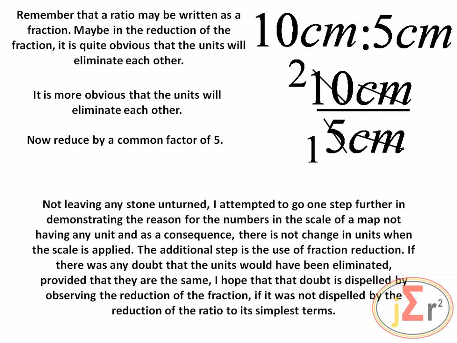So we have gone one step further to show that the numbers having the same units will cause the units in the ratio to be eliminated. And if it is not so plain using the ratios alone, then I have taken it a bit further to fractions, and also to show that the fraction will actually reduce to numbers that do not have any units because the units are eliminated.